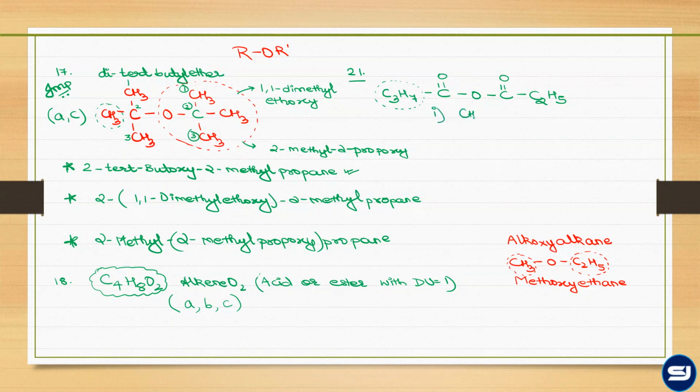So N propyl, it will be CH3 CH2 CH2, then C double bond O, O, C double bond O and C2H5. Or it can also be represented as CH3 CH CH3, that is isopropyl group, and then C double bond O, O, C double bond O, C2H5.